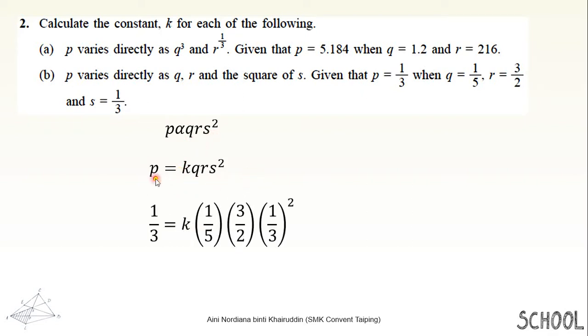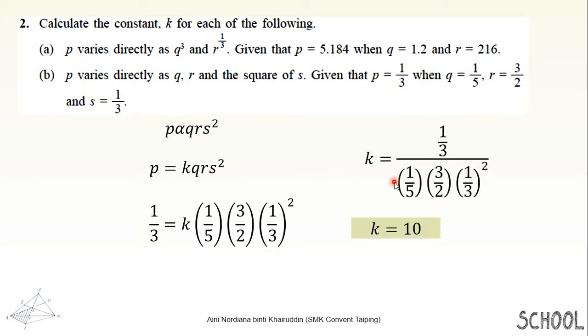Substitute the value of P, Q, R and S as given in the question. Then use your calculator to calculate the value of K. So K is equals to 10.